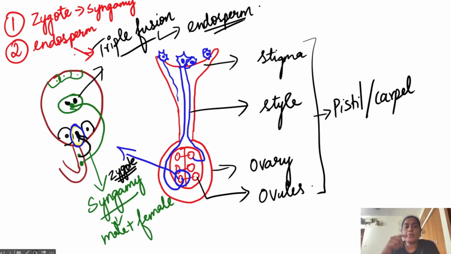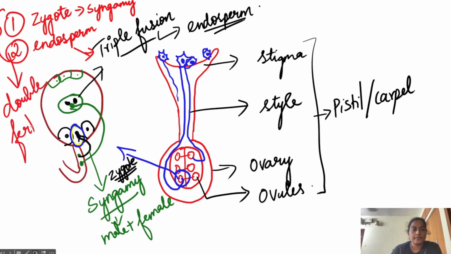When I say syngamy and triple fusion, these are individually fertilizations only. First fertilization is syngamy, second fertilization is triple fusion. Therefore, we call these 2 processes double fertilization. You can evidently see 2 fertilizations happening. Simple.